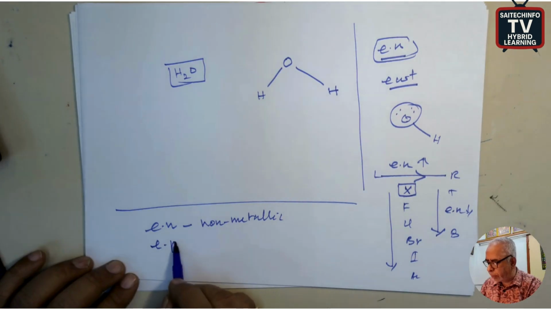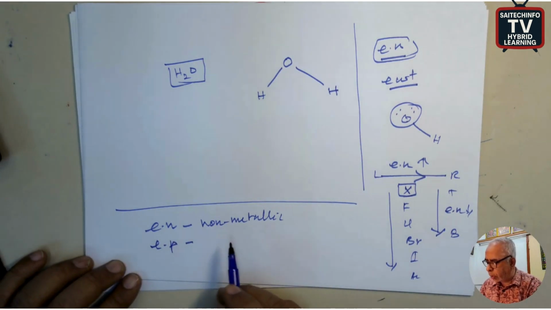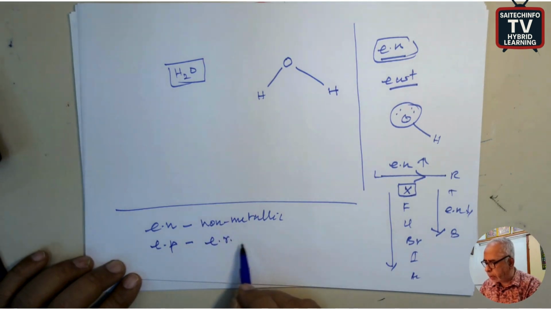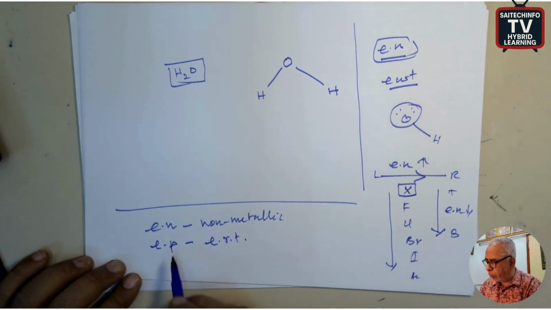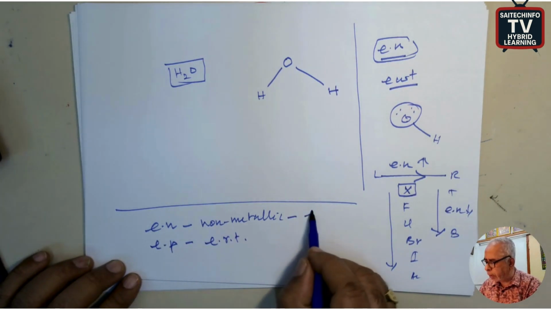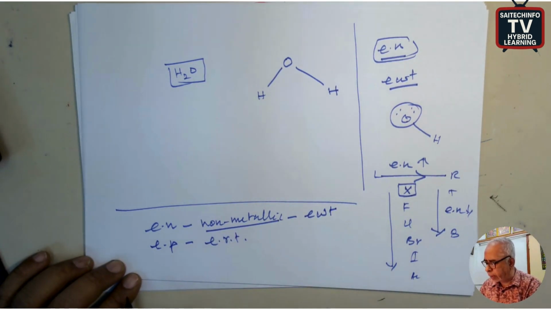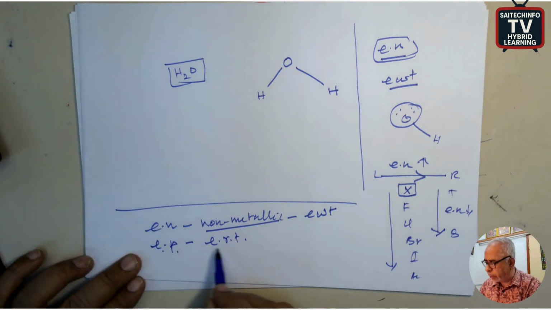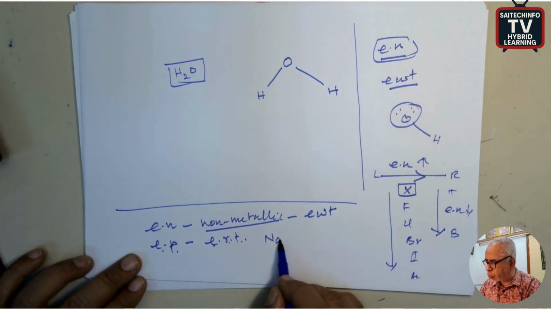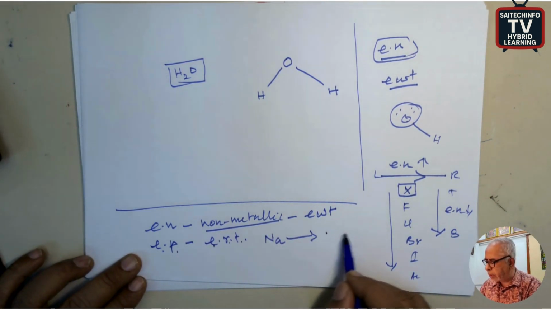Whereas electropositivity is electron releasing nature, electron releasing tendency. What about electronegativity? This is electron withdrawing tendency, that is non-metallic character. Electropositivity means electron releasing tendency, as in the case of sodium, which releases one electron to become Na plus.